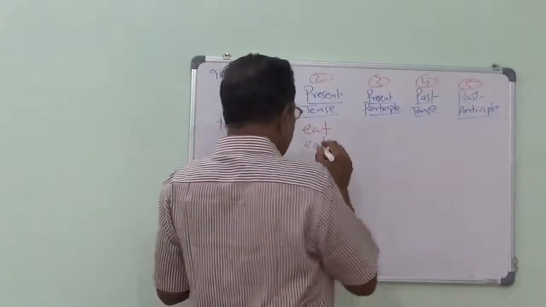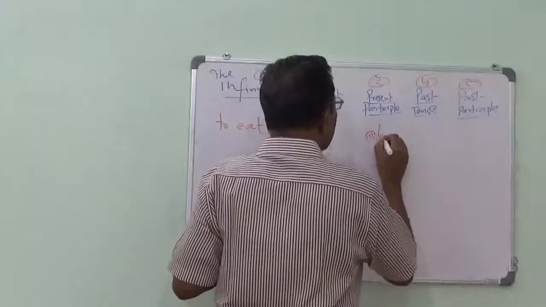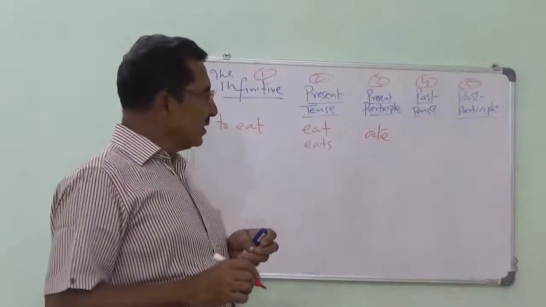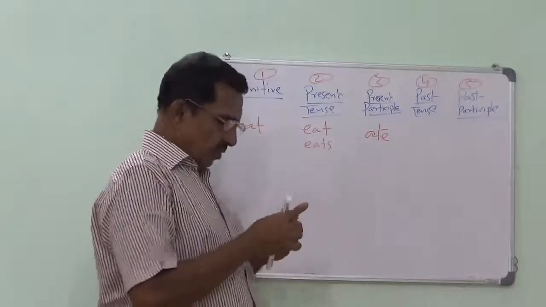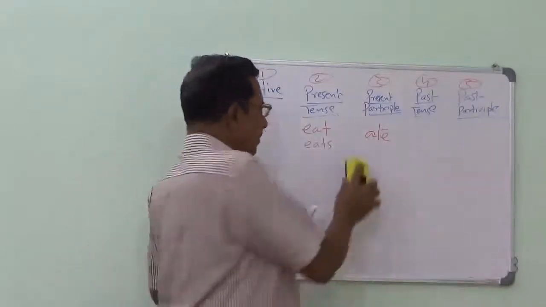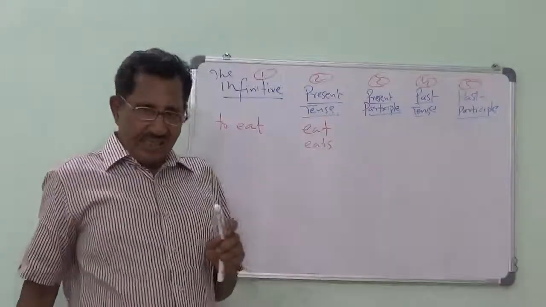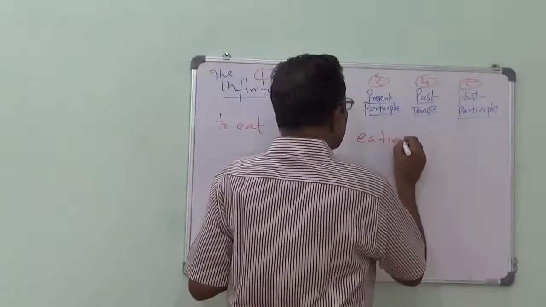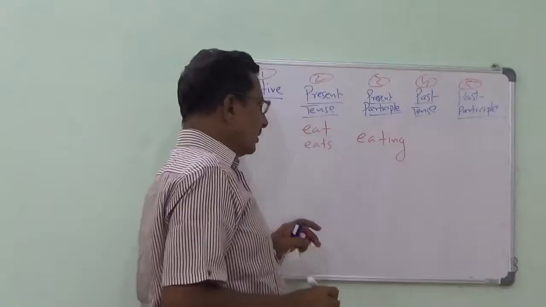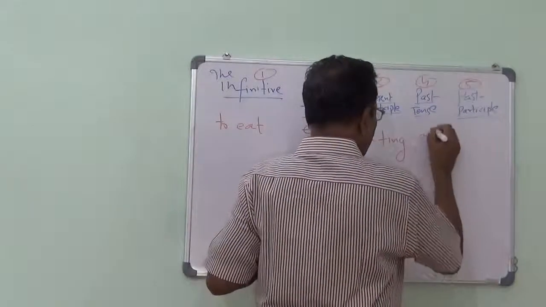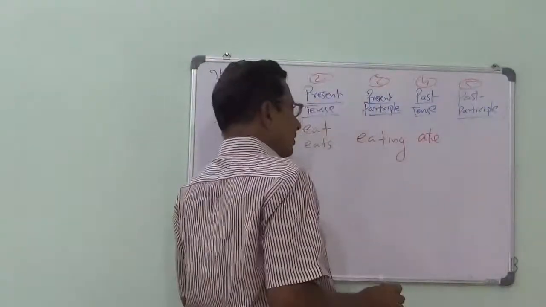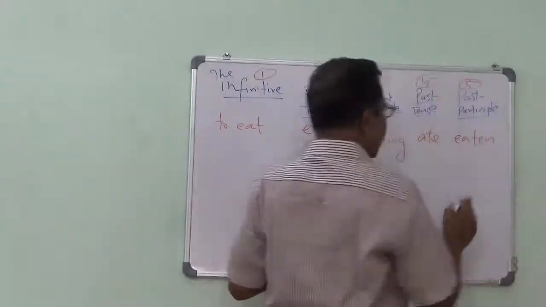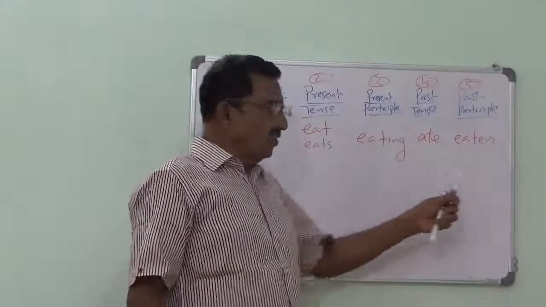The present participle is the same, eating, E-A-T-I-N-G. Past tense is ate. And past participle is eaten. So instead of ed you have en.